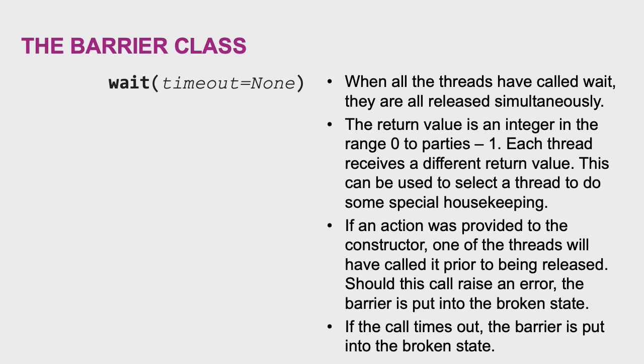Why? Well, this could be useful for the implementation of some special housekeeping task for the thread. It can be useful in certain situations. Most of the time, it is not. So most of the time, you can simply ignore the value that the wait returns to you.